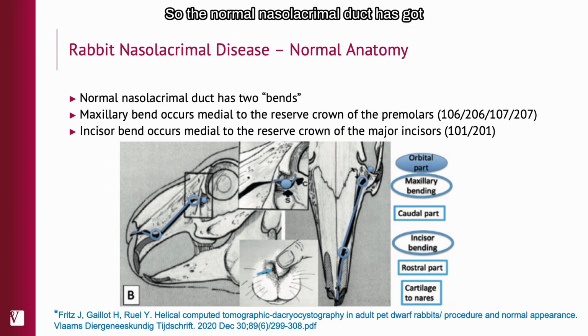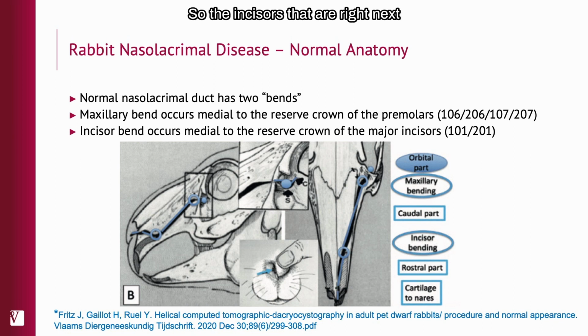So the normal nasolacrimal duct has two bends. One of the bends here is at the level of the maxillary incisor, and then another bend here is more caudal, and it occurs at the level of the premolar reserve crowns.